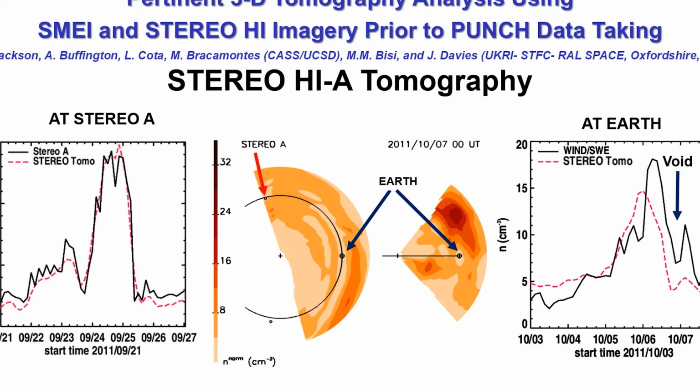But it could see the whole region, and we could reconstruct in this 3-dimensional tomography fitting procedure that I have the different structures. And here's a little later time, you can see this dense structure that actually passed to the north of Earth in this meridional cut, and you can see a void area where the Earth was.